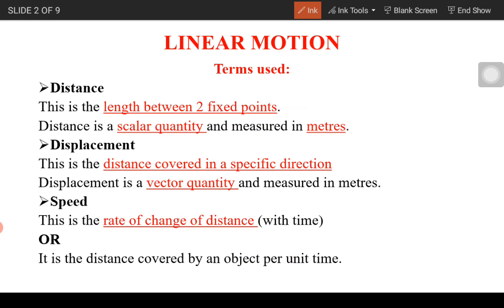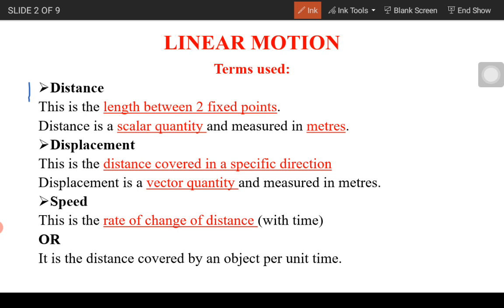Linear meaning straight line, motion meaning movement. So basically it is the motion of anybody in a straight line, where we shall look at quite many things. But for the start, we are going to look at the terms that we use.